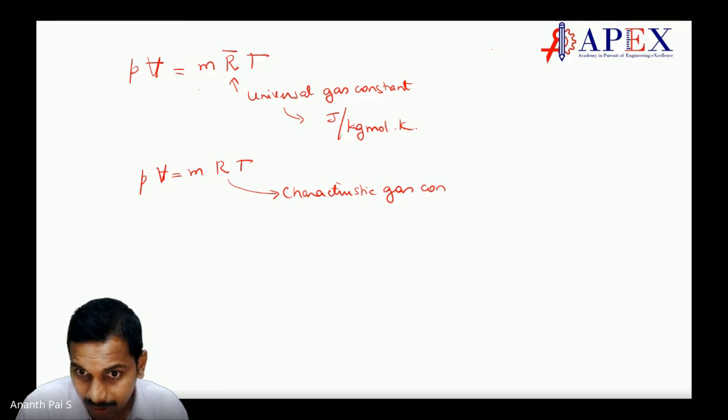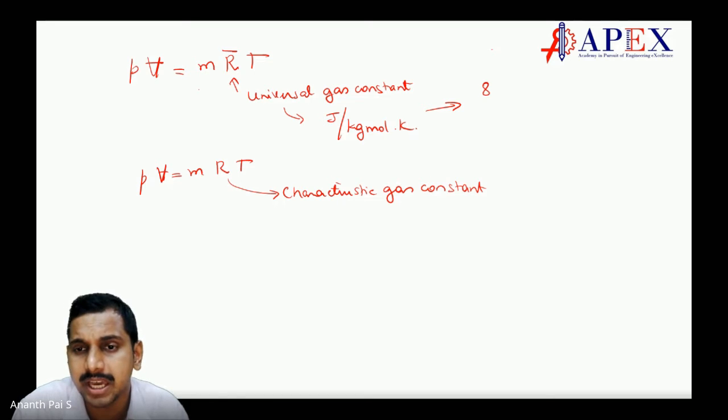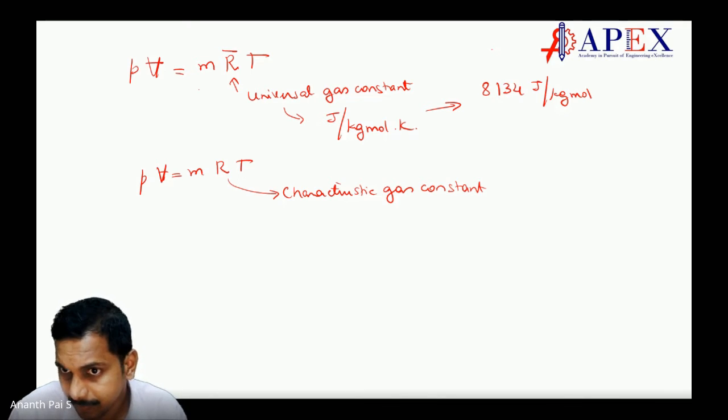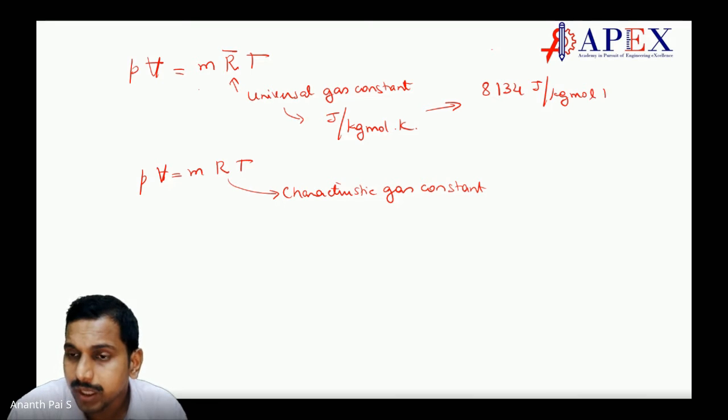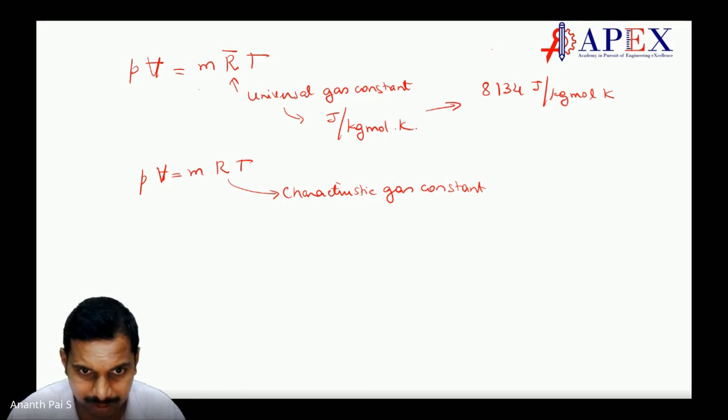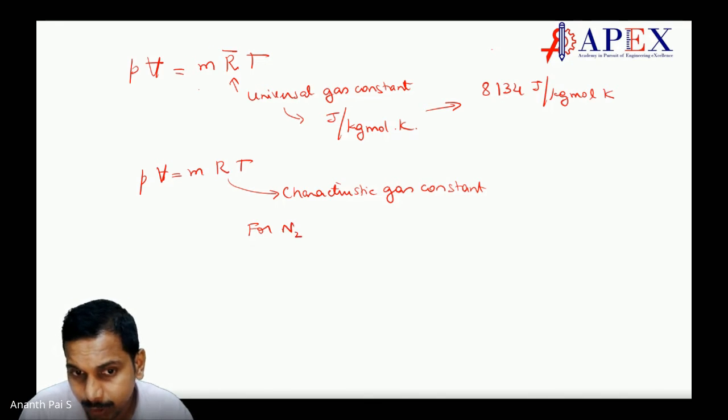Okay, now the universal gas constant is 8134 joules per kg mole Kelvin, correct students? Now if you consider air, let us consider nitrogen first of all. For nitrogen, N2, what is the molecular weight?